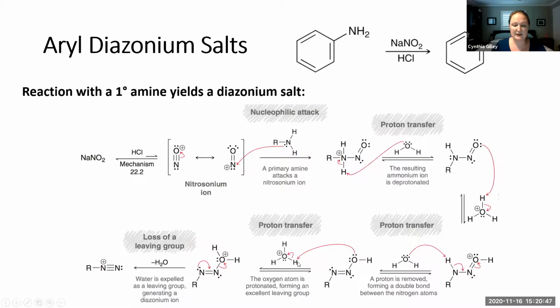Because we're in acidic conditions, it's not unreasonable to think that sometimes this oxygen will be protonated. And when it is protonated, you notice that it is a good leaving group, and it can leave in this case because of the lone pair on this nitrogen. So this lone pair can help essentially eliminate or kick out the water as a leaving group. And that leaves us with then the diazonium ion, and the counter ion should just be whatever is used as the counter ion in the acid.